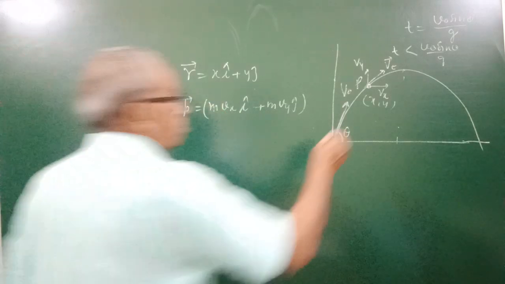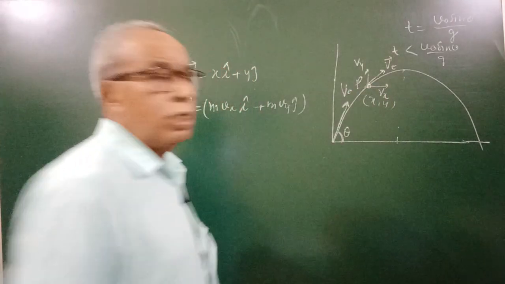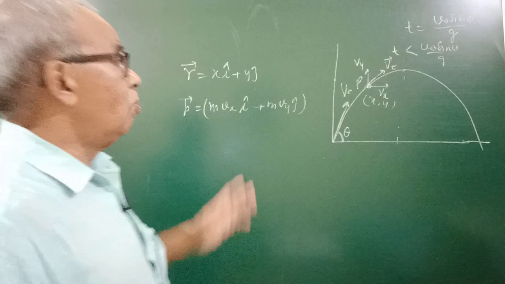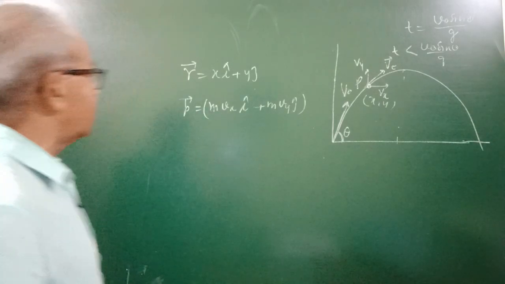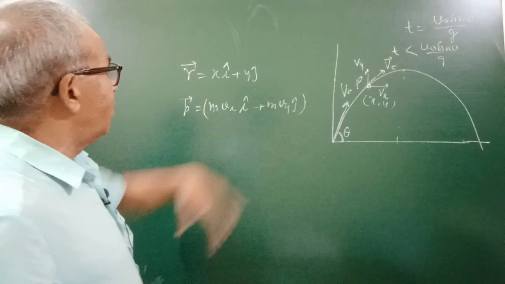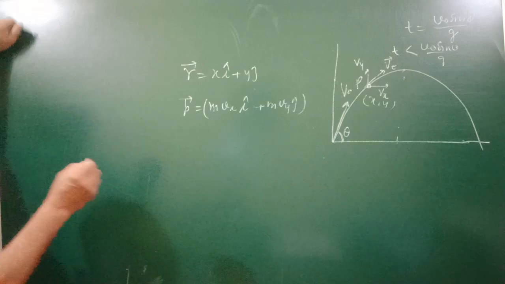This motion is in a vertical plane, so momentum has components along the x and y axes. The position vector has components along the x and y axes.